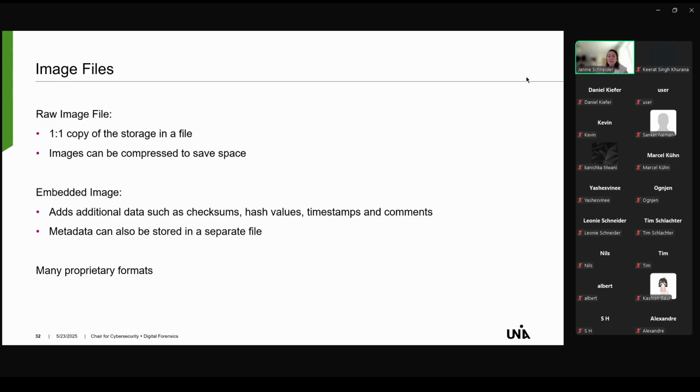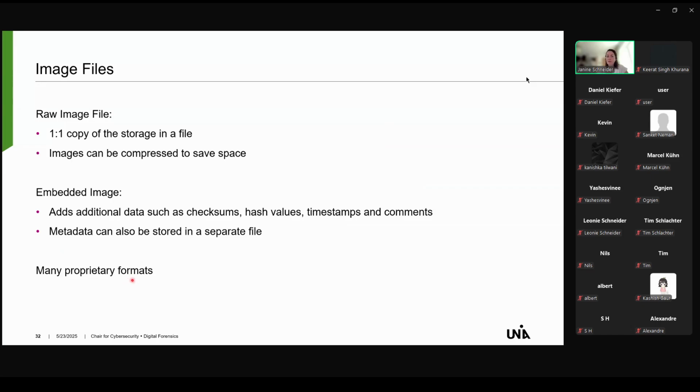In the imaging process, you can also do several things. The question is where to copy the data to, and you can copy into a raw image file. That is usually done for one by one copy. You can also, of course, compress the data to save space, but there are also special image files or embedded image files where checksums, hash values, timestamps, and comments can be embedded, and the metadata can also be stored in a separate file.